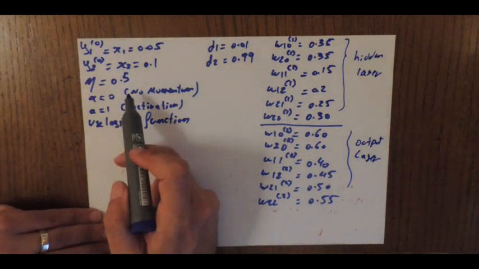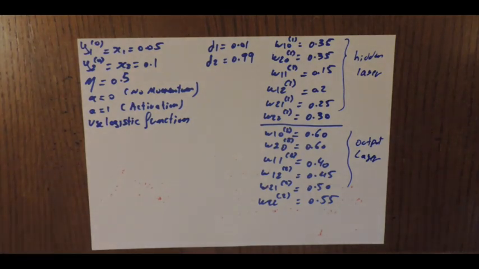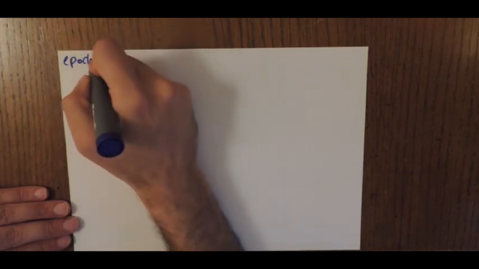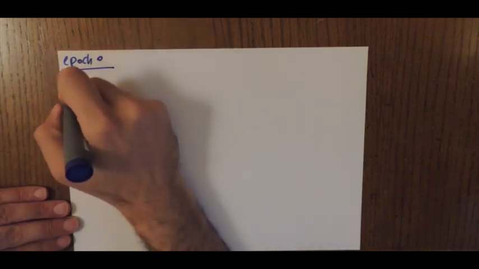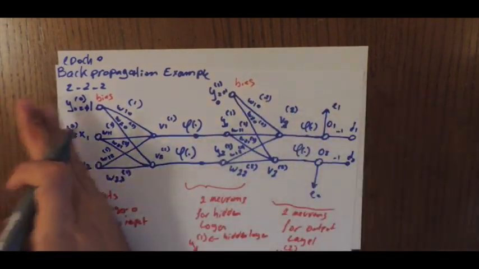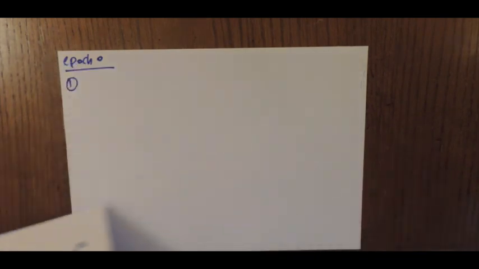We have learning rate of 0.5. We're not going to use any momentum, and the logistic function is being used for activation function. So let's start with the forward path. So we're going to start with epoch 0, and we're going to do the forward path, which is going to be calculating the forward path from the input to the output.